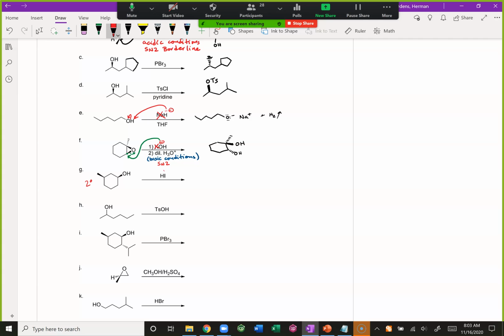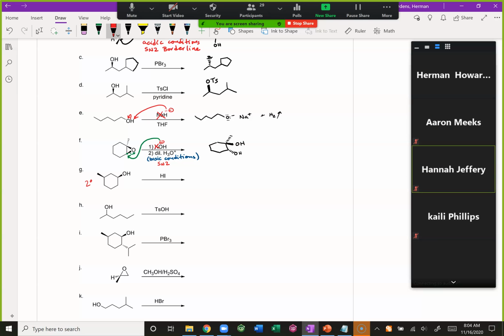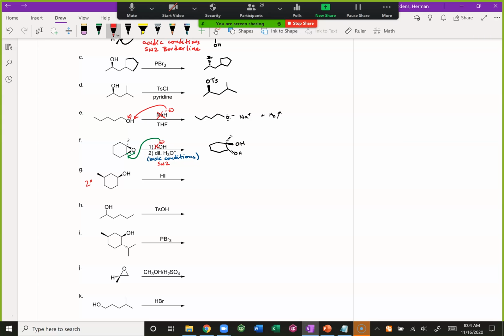If I just add an acid to an alcohol, but this is not a dehydrating acid, what kind of reaction is this? Is it SN2? No. This reaction is an SN1.